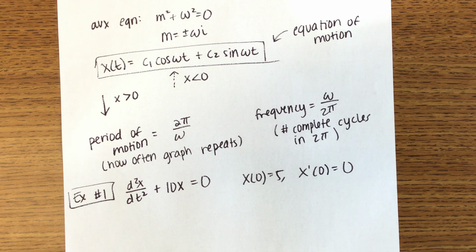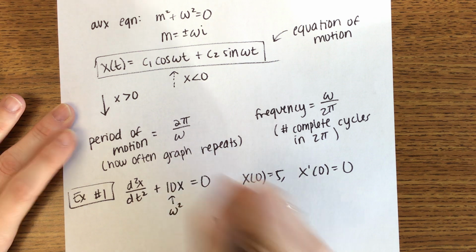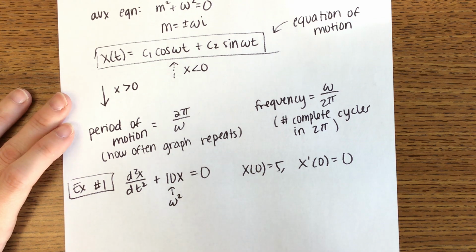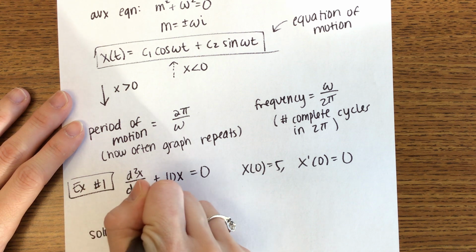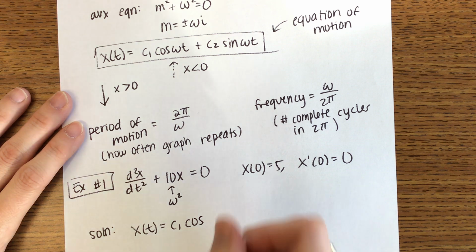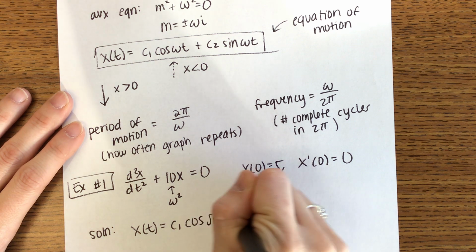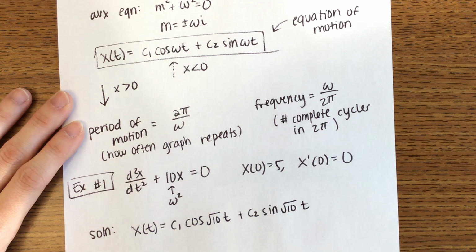Okay, so we're going to solve, and then we're going to say what this represents. 10 is your omega squared. So our solution then will be x of t is equal to c1 cosine of omega t, which in this case is root 10t, plus c2 sine of root 10t.